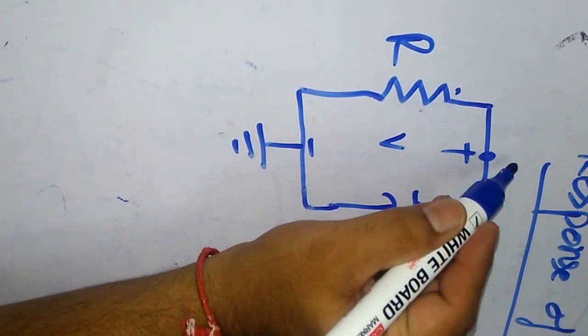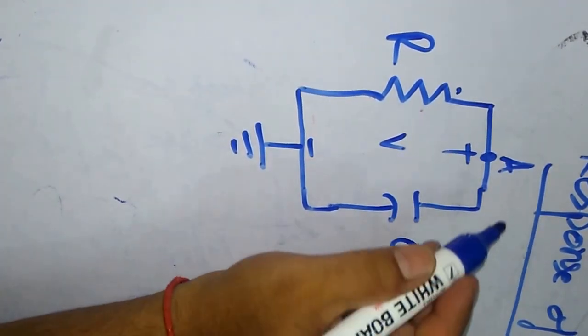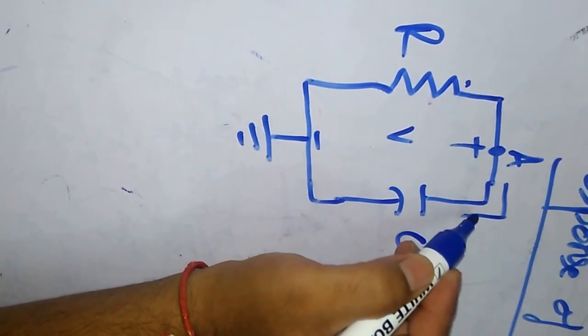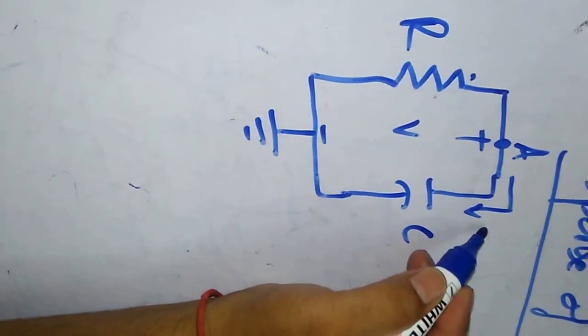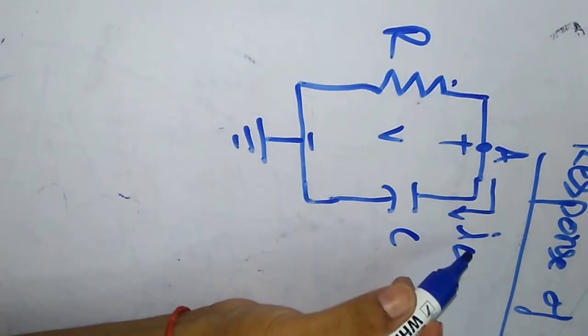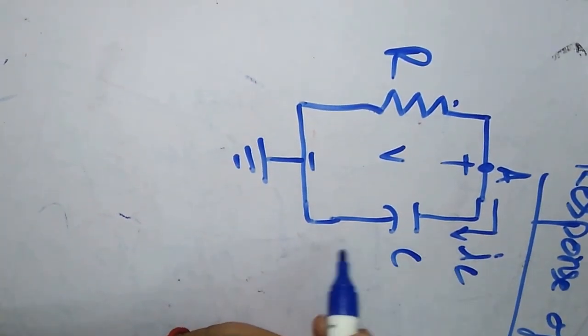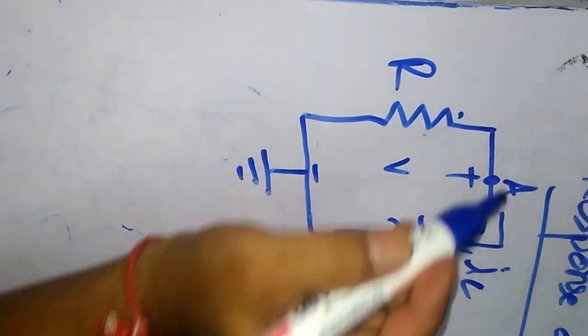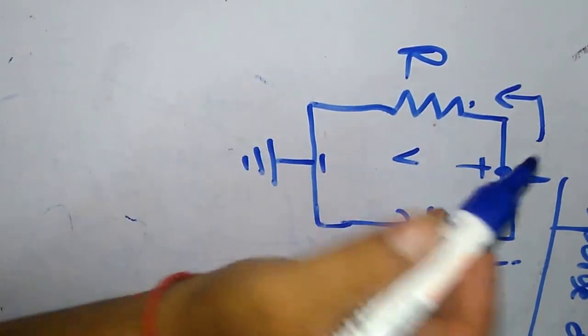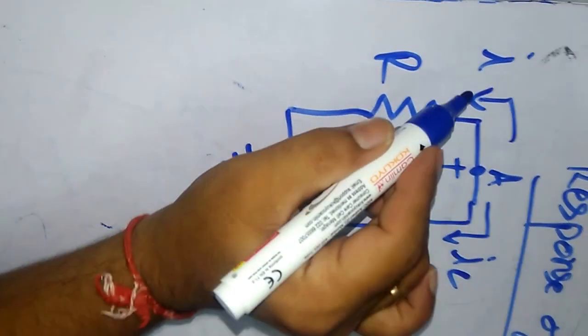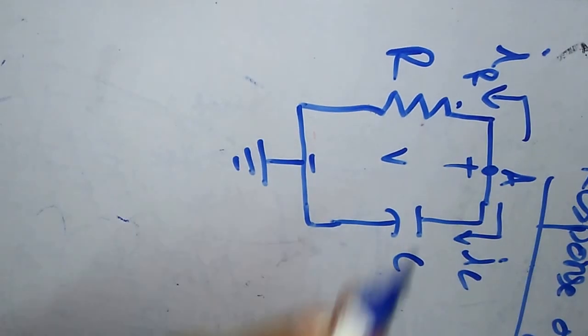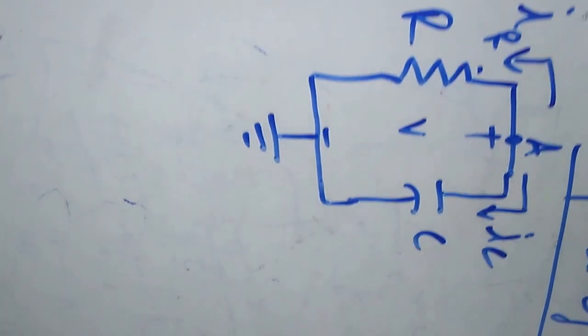Here we consider a node A, and from node A two currents are leaving. One current you can call IC, the current flowing to the capacitor C. Similarly, IR is the current flowing to the resistor.